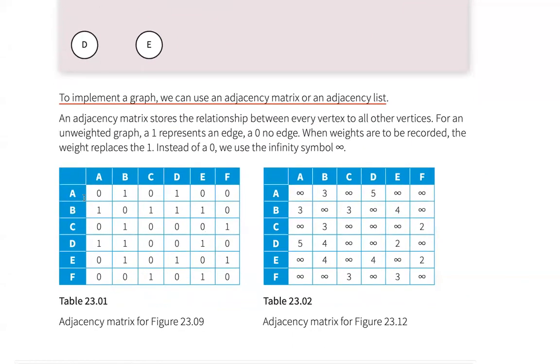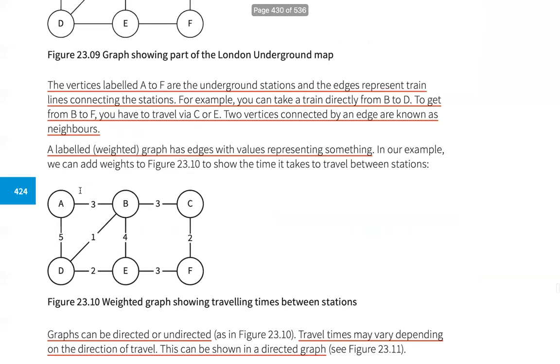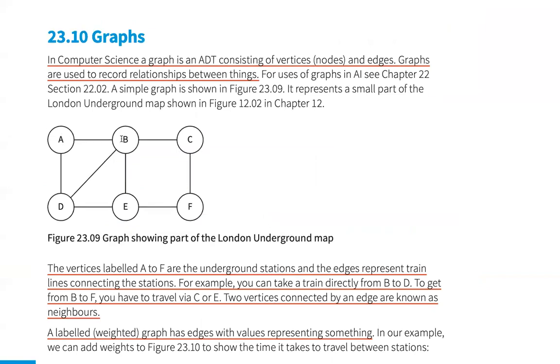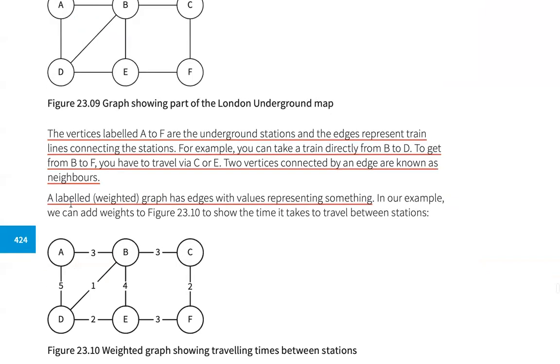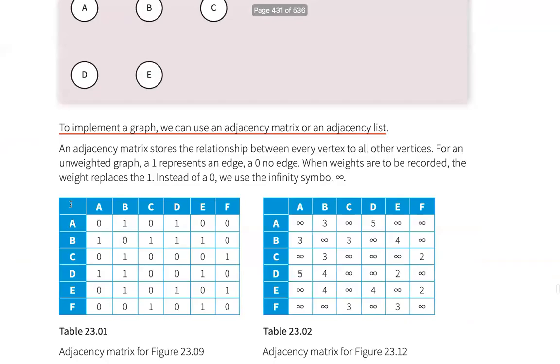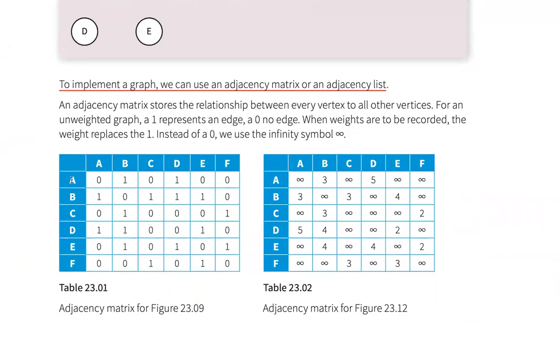Let's say vertex A is directly connected to only B and D. So for A, it's connected to B, yes, and D, yes. Any vertex that A is directly connected to, I will give a value of 1, otherwise everything is 0.